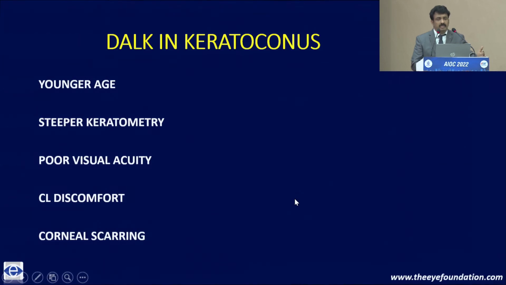Also younger patients with steeper keratometry, poor visual acuity because of advanced keratoconus, and corneal scarring due to various reasons. In keratoconus, it could be the advanced keratoconus itself, or post CXL because of dense haze, or post CXL infectious keratitis, the scar, or aborted melt. All these things can lead to decreased vision, and may be an indication for DALK in keratoconus.